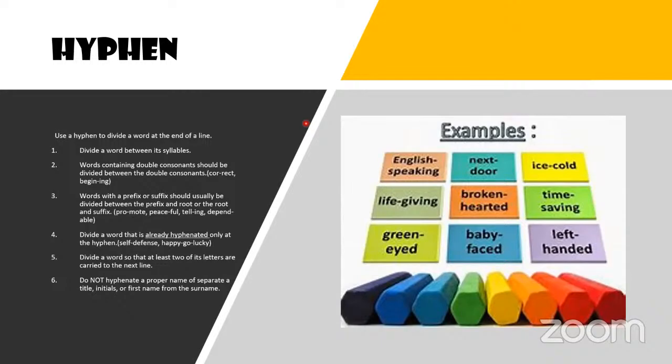What else? The third use of this hyphen is for words with a prefix or suffix, which should usually be divided between the prefix and root, or the root and suffix, right? For example, we have promote, peaceful, link, depend, double.